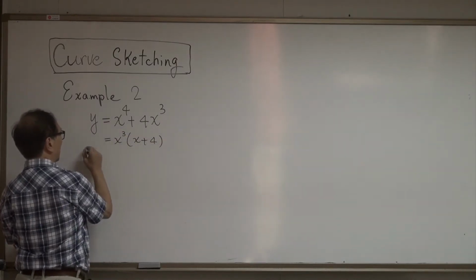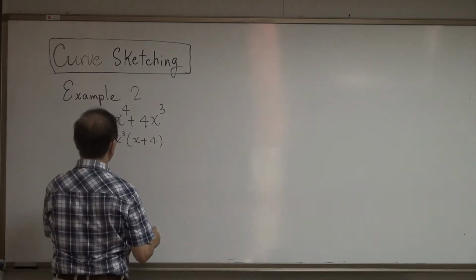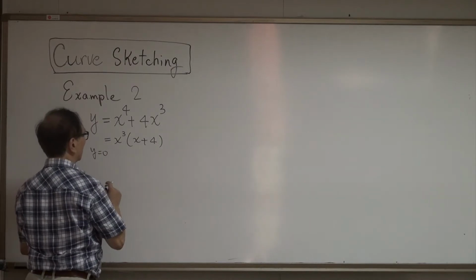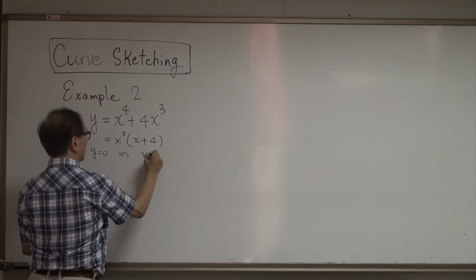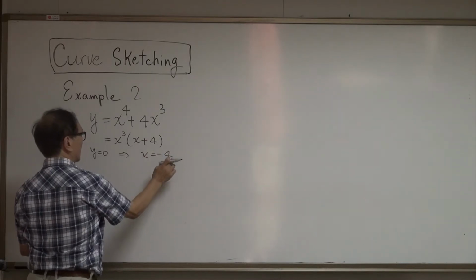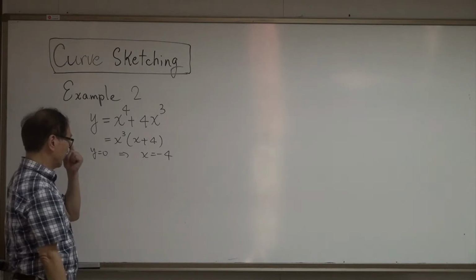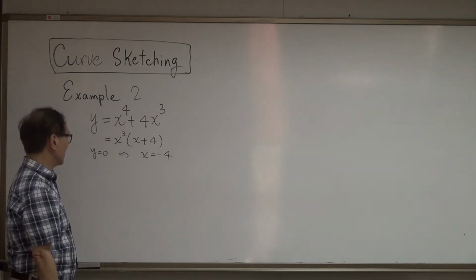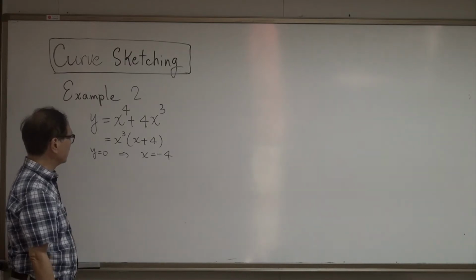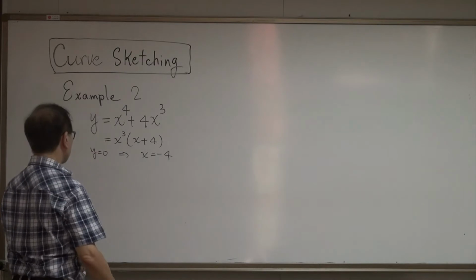Therefore, y equal to 0 gives x equal to minus 4, so this is my x-intercept. For the y-intercept, of course, x equal to 0, and y goes to 0. This point might be useful for sketching the curve.